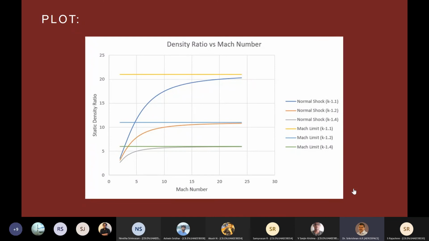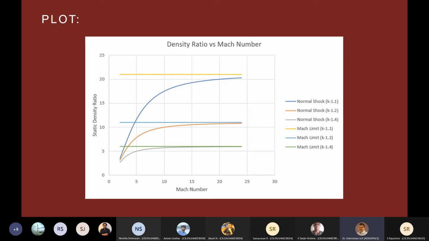What she had pointed out was that at higher Mach numbers the convergence becomes slower. So what does it tell us about higher Mach number? I'm sorry, at lower values of gamma, the convergence becomes slower.